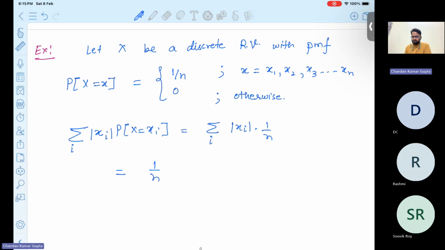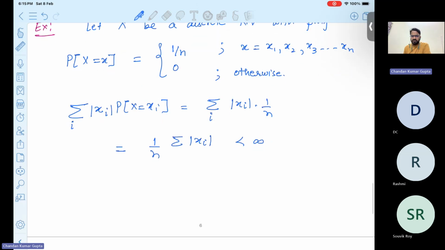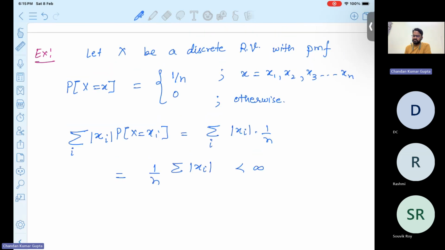So it is 1 by n times the summation of mod of xi. Since these are positive numbers, x1, x2, x3, and divided by n, it must come to be a finite value, maybe a very large number, but finite. So it is a convergent series, or we can say that we are able to calculate the expected value of the random variable x defined in the equation.